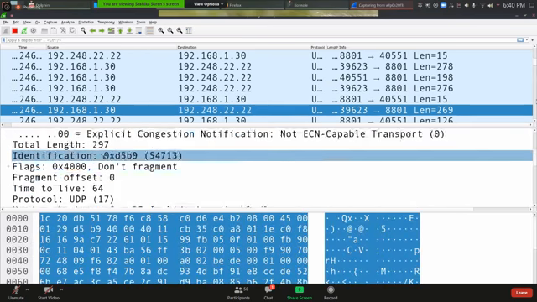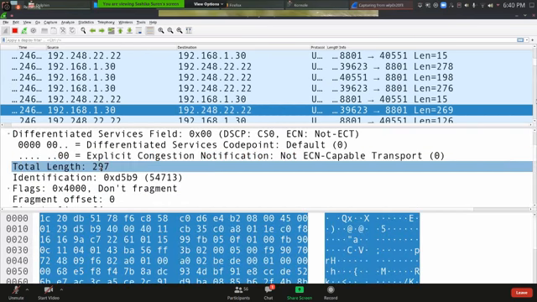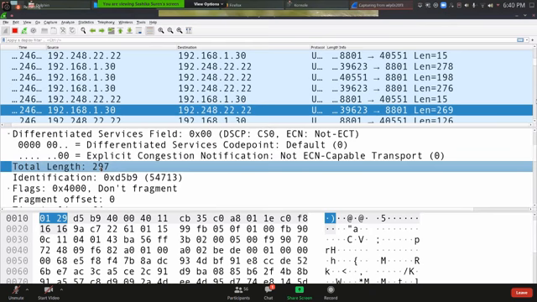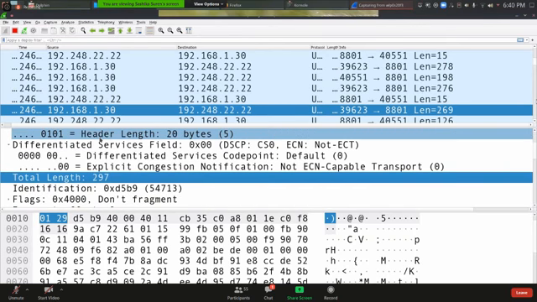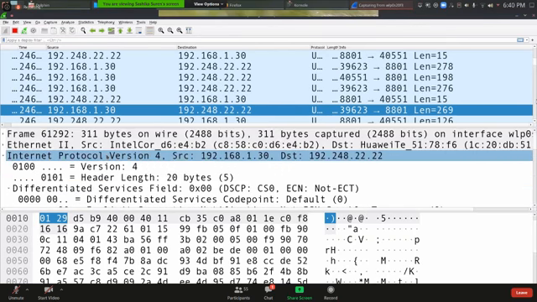Here the total length is 297 bytes. If you deduct 297 from 311, what is the exact amount?